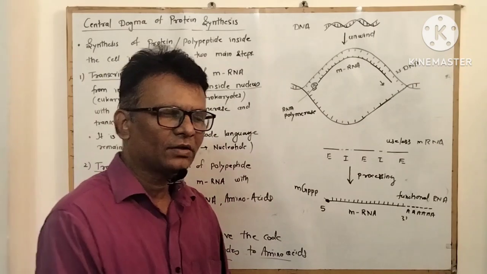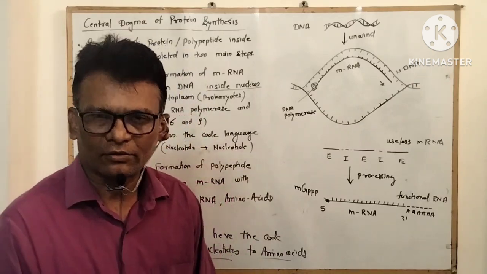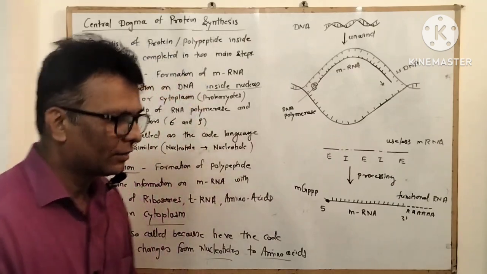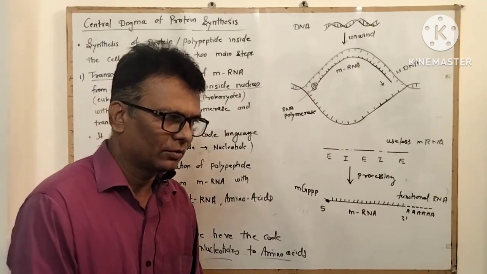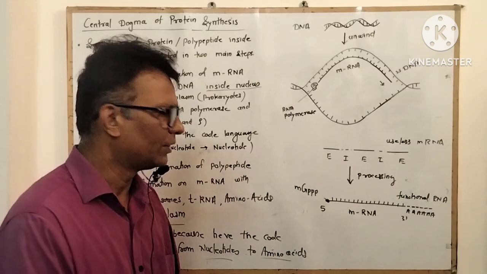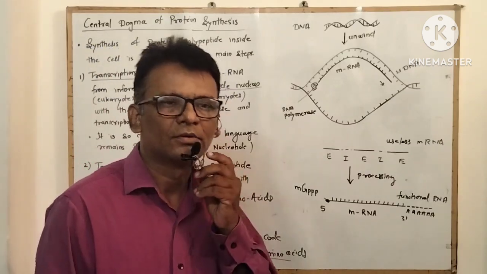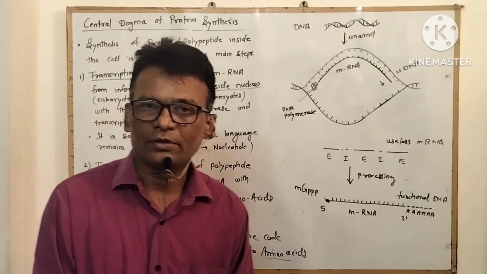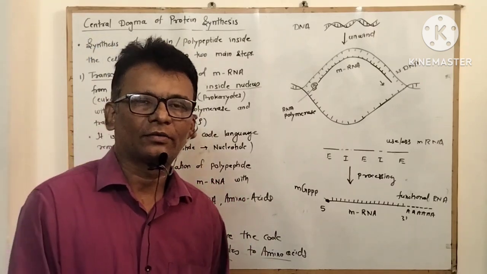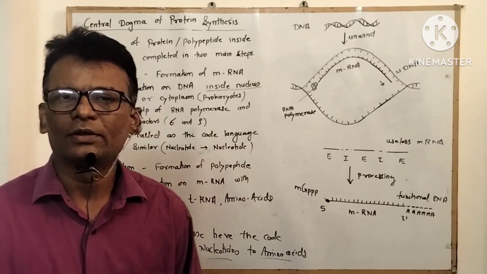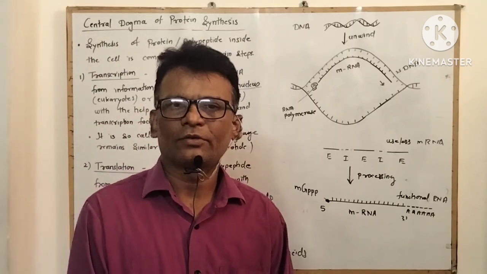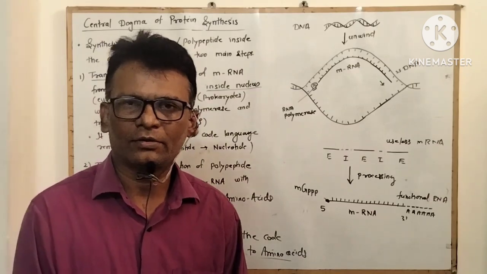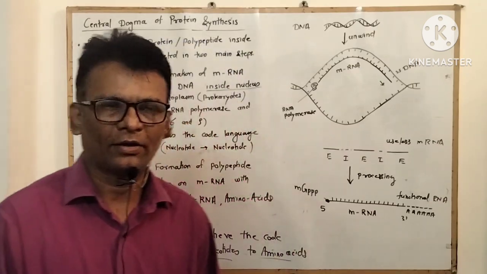Finally, the ribosome reaches the stop codon, that is the terminating point. In the termination step, what happens? All the constituents get separated, that is the large subunit and small subunit of the ribosome, then the mRNA, the polynucleotide chain, all get separated, and the empty tRNA also.